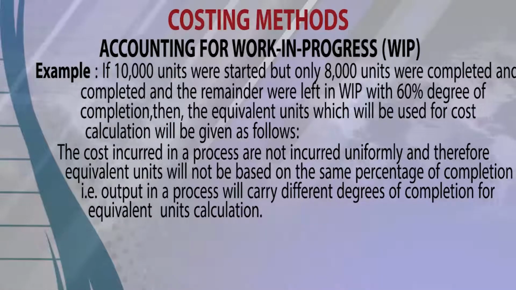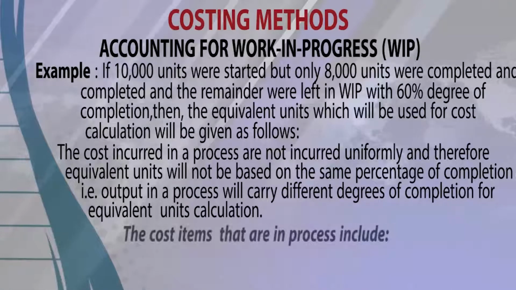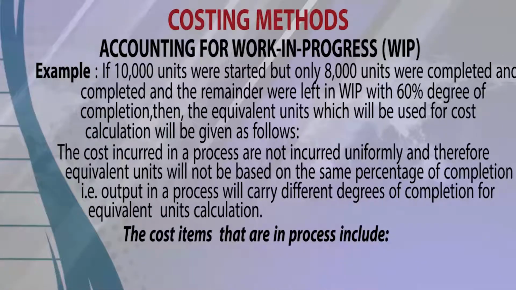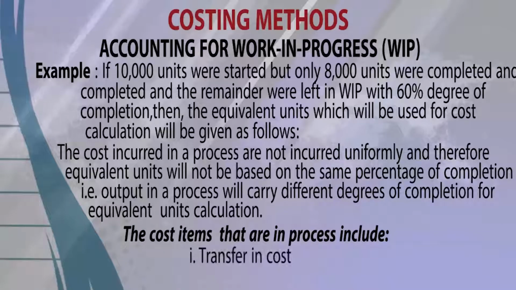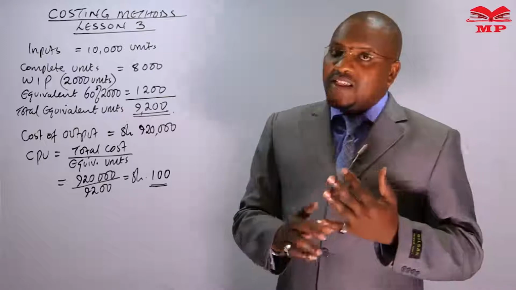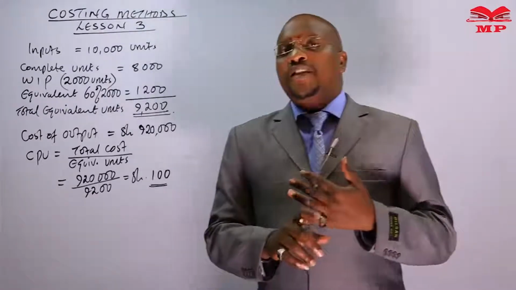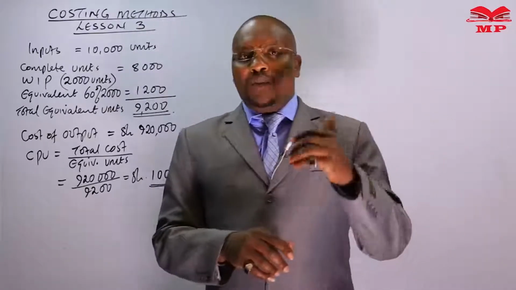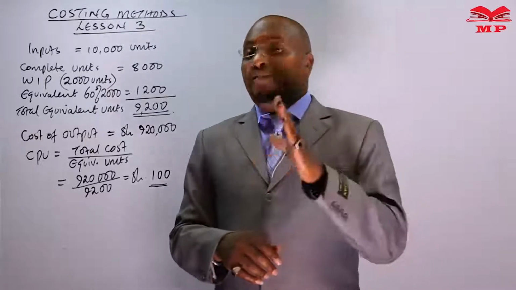Now, the cost items in a process are: 1, transfer in cost, 2, material added in the process, and 3, conversion cost. Of course, the transfer in cost is the cost of the materials or products which have been transferred from a previous process.